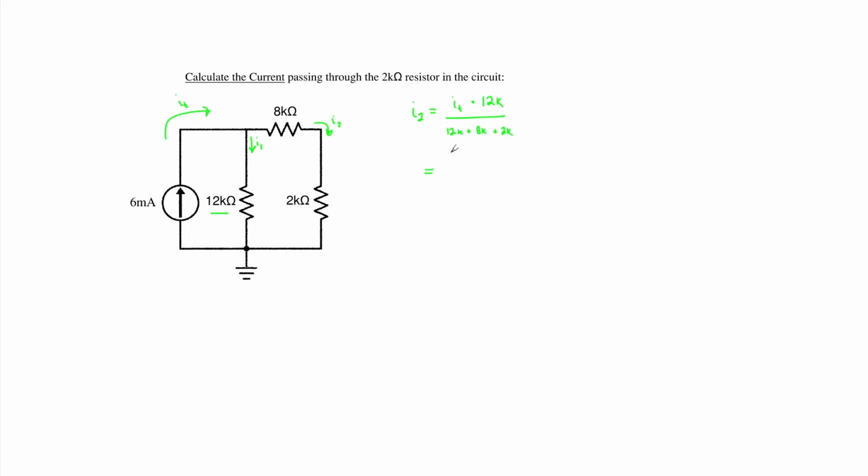Simplifying and replacing our unknown variable IT as 6 milliamps multiplied by 12K, all divided by 22K, this gives us an I2 of 3.27 milliamps flowing through our 2 kilo ohm resistor.